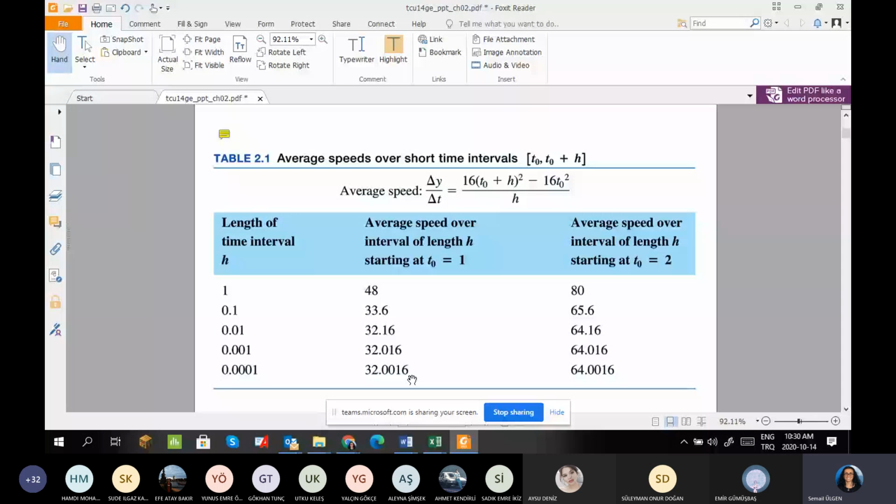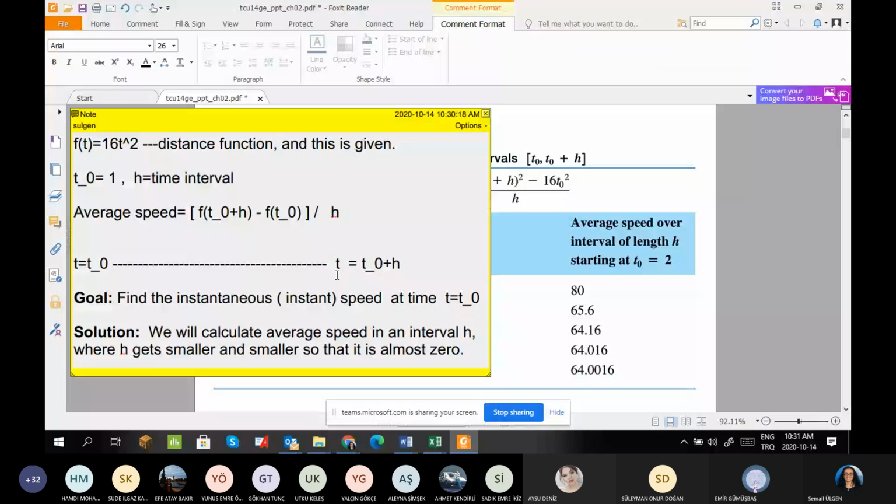Okay, but assuming that we want to find the instantaneous velocity at time t is equal to 1, by looking at this table, we are going to say, as we get close to the t naught value, as you would see here, we are going to get the 32, smaller and smaller.